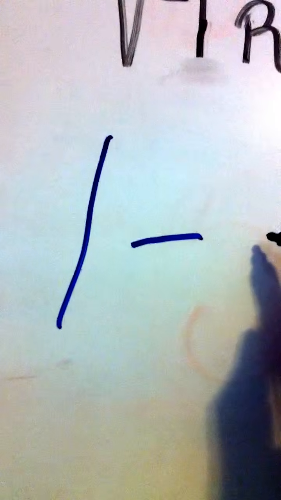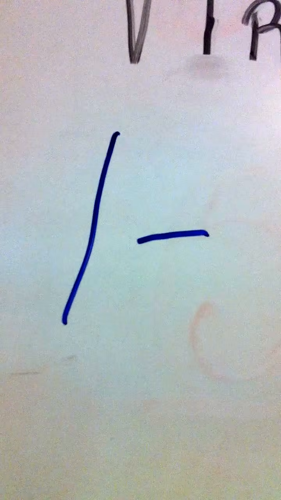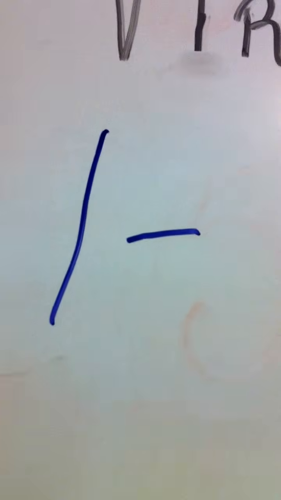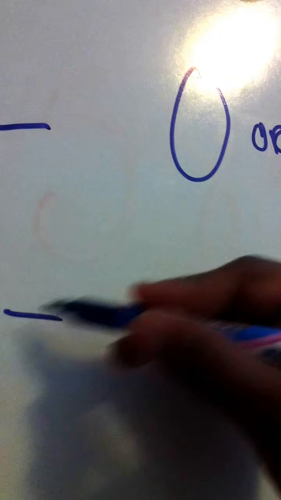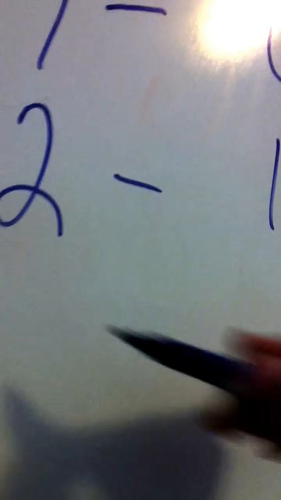So we have 1, which, if a 1 falls, sometimes people say it may bring a 0 or 5. Then you have 2, which sometimes, if a 2 falls, may bring a 1 or 6.